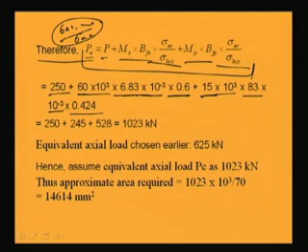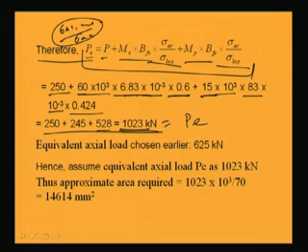If we put the values, we get 250 plus 245 plus 528, which is equal to 1023 kilonewton. So the equivalent load we are going to get is 1023 kilonewton.